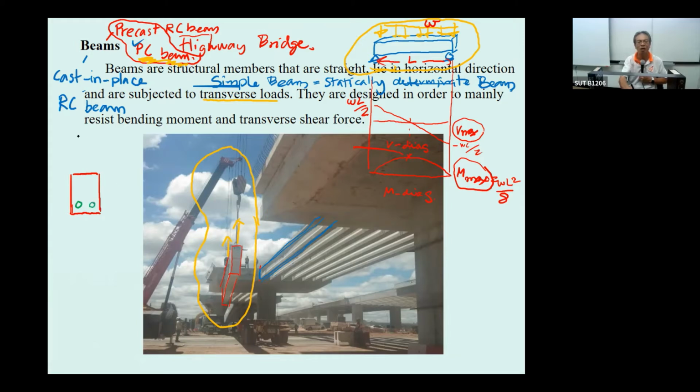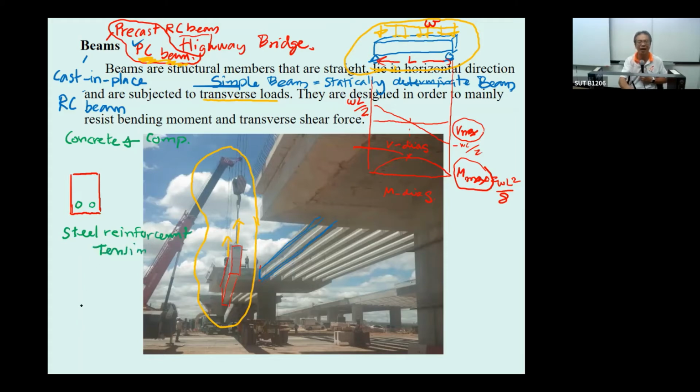Because concrete can resist compression very well, but concrete cannot resist tension. That's why we put the steel reinforcement or steel rod into the beam to take care of the tension.